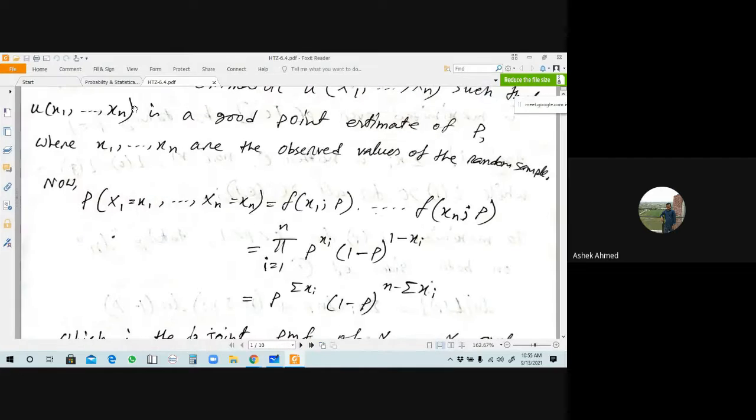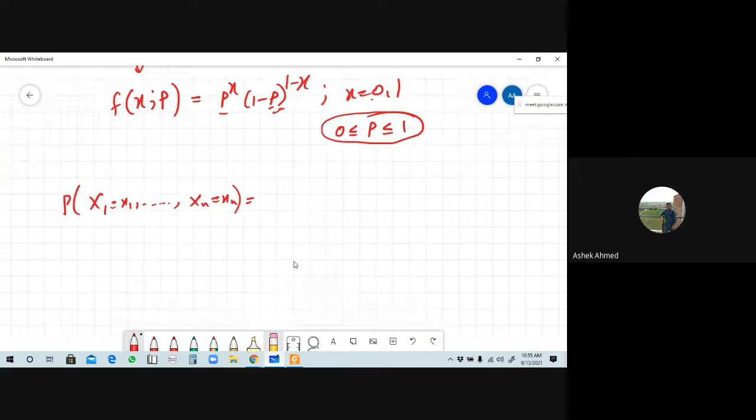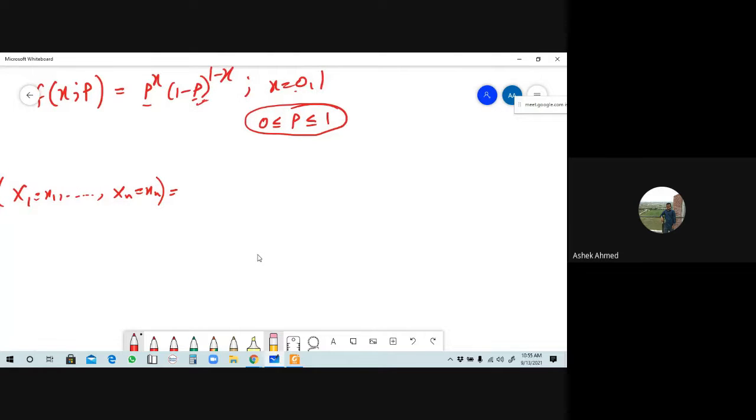In our question, the random variables X1, X2 up to Xn are independent, nobody depends on anyone else. In that case, when two events are independent, can you remember what the formula was? Probability of A intersection B, do you remember? For independent events, that will be the probability of A into probability of B, is it right?